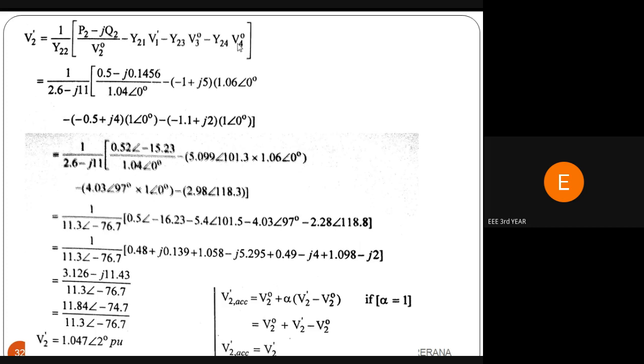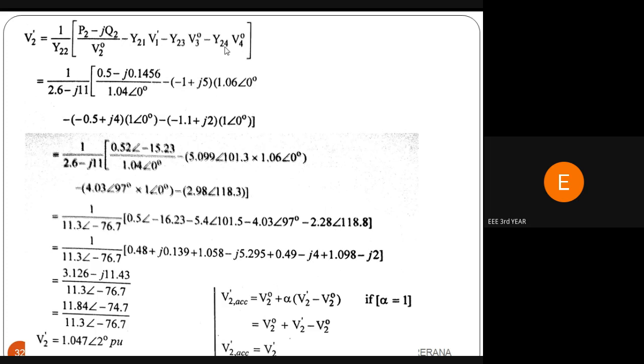Y22 is taken from the Y bus matrix, and the P2 Q2 values are the ones calculated and substituted here, and the V2 old value is 1.04 at an angle 0, minus Y21, taken from the Y bus matrix, times the V1 new value, 1.06.